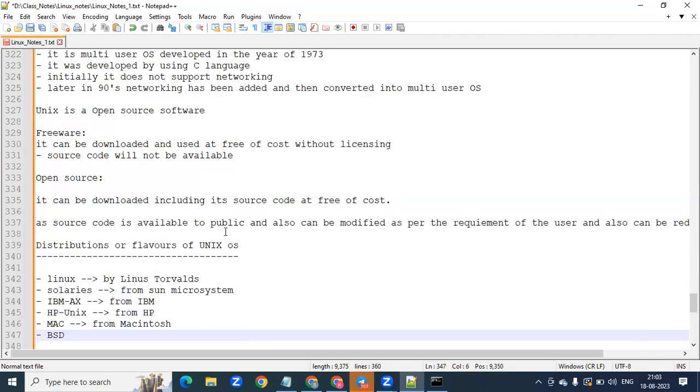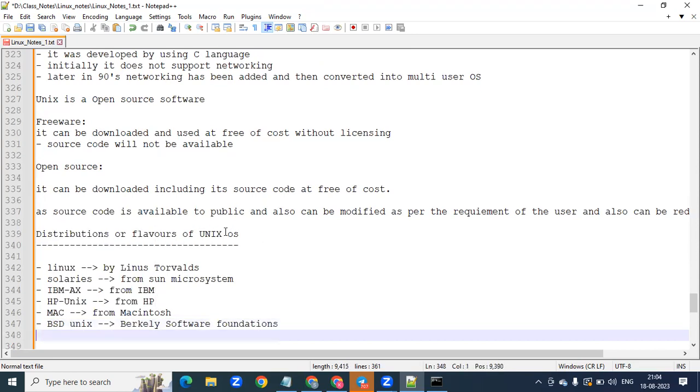These are all called distributions or flavors of the Unix operating system.